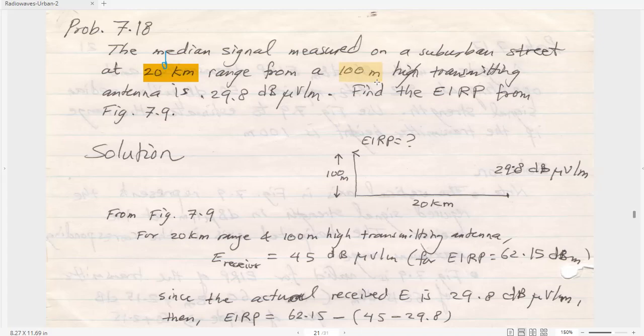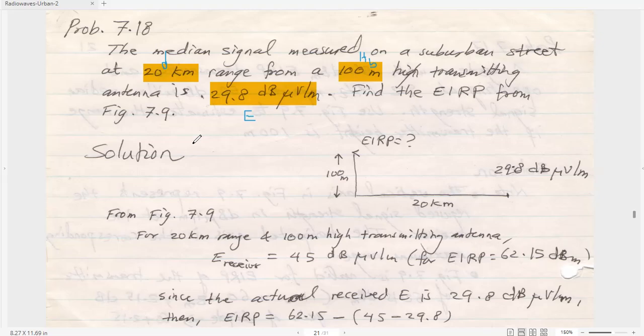So this is the base station height HB, 100 meter. The signal level is 29.8 dB microvolt per meter. This is the electric field near the receiver. Find the EIRP from the same figure, 7.9.